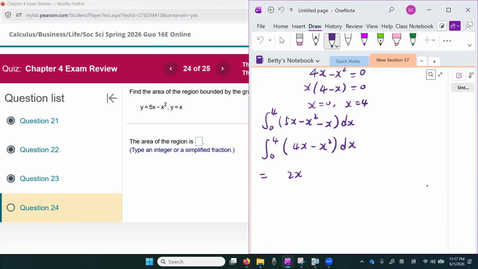The antiderivative is this. Plug in 0, that is 0.